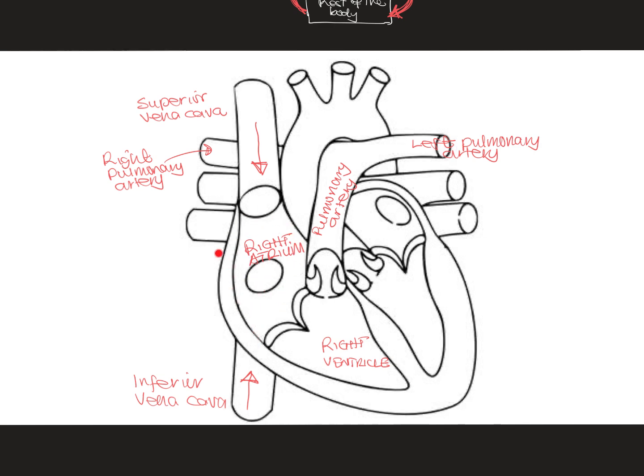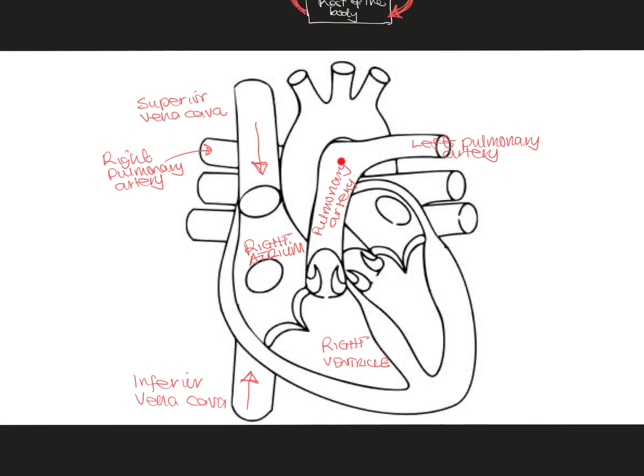This is the first chamber of the heart where poor, deoxygenated blood comes into. From the right atrium, the blood is pumped to the right ventricle. And from the right ventricle, because the blood needs to be oxygenated and eliminated of its carbon dioxide, the heart pumps the blood from the right ventricle to the pulmonary arteries.